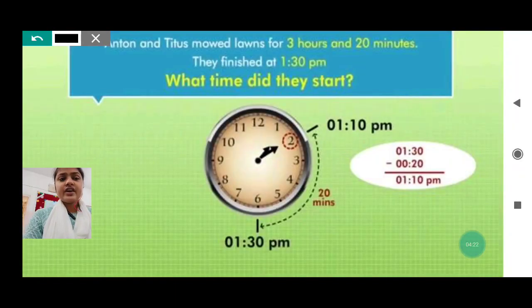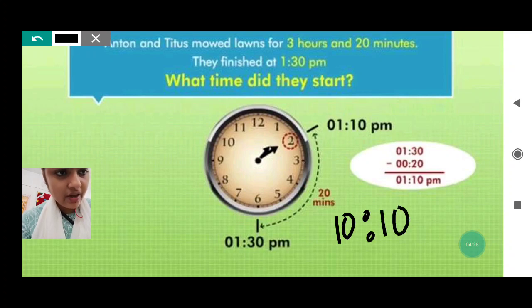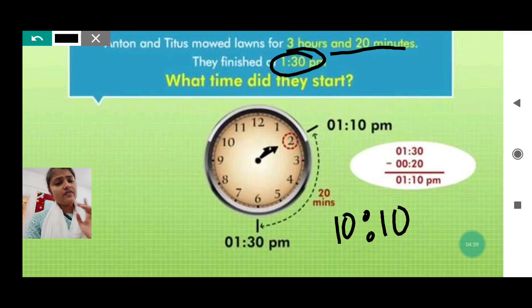See, my dear, if 3 hours 20 minutes before, it means that they started at 10:10. From 10:10, if you calculate, then they finished at 1:30 because they worked for 3 hours and 20 minutes. So they started at 10:10, and then they finished at 1:30 p.m.